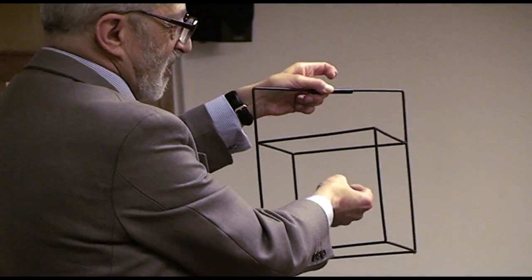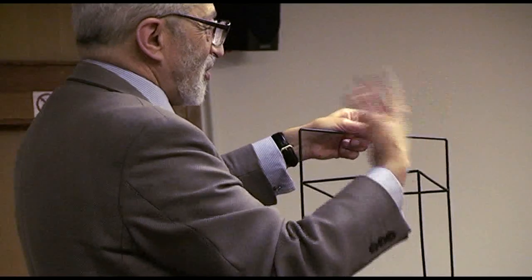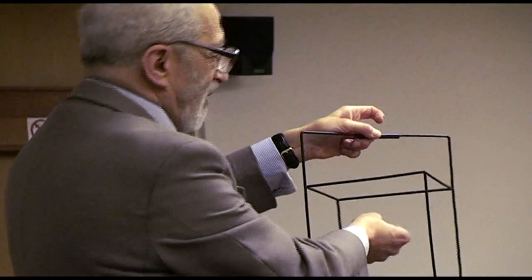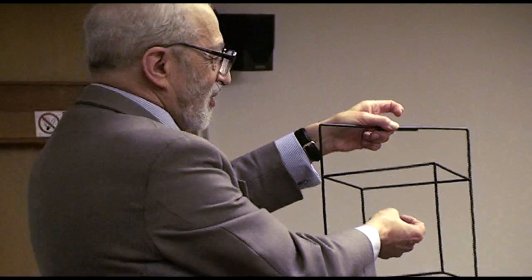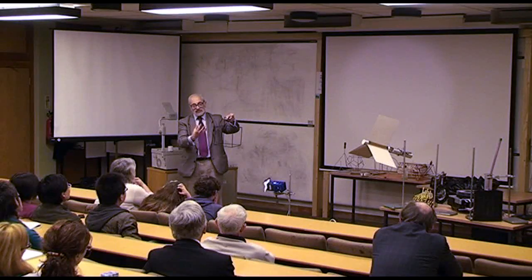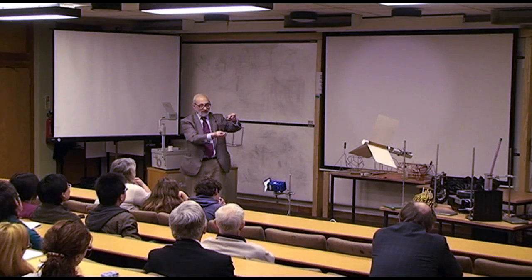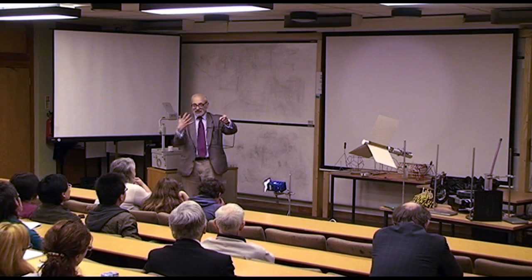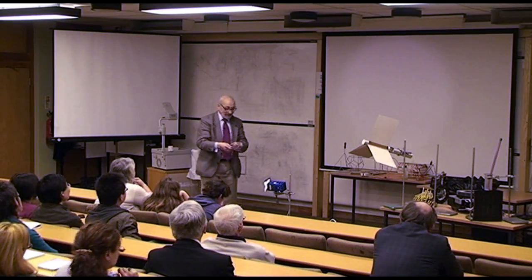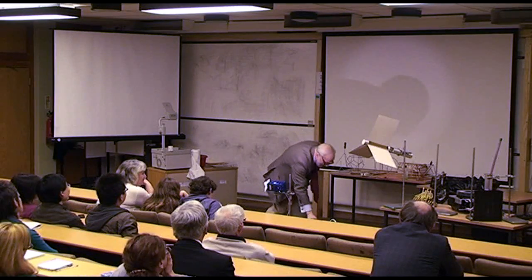But if that was the case, you wouldn't have 4 lines of soap film meeting at a point. And one of the conditions for minimum surfaces is you've got to have 4 lines meeting at a point. So how do you form the minimum surface with only 4 lines meeting at a point? Well, the way to find out is to just dip it into the soap solution and bring it out, right?